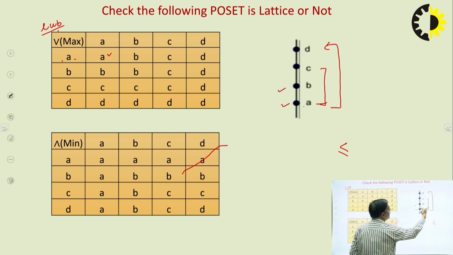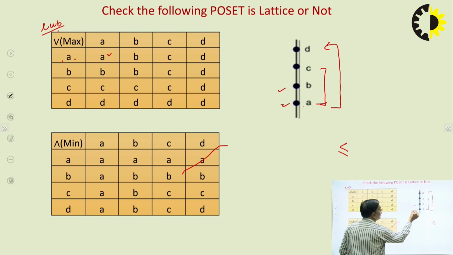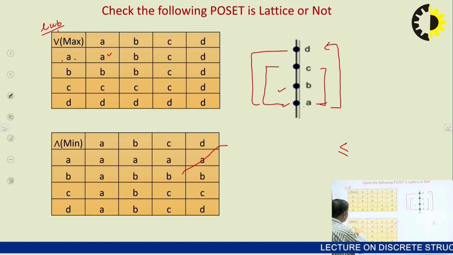But if we are comparing A comma B, then A will be the minimum. So you can see in the table, A comma B, A is the minimum. A comma C, A is minimum. A comma D, A is minimum. Similarly, when you compare B comma A, B comma B, B comma C, B comma D, you can fill out all the entries.